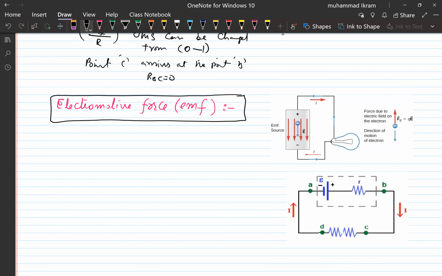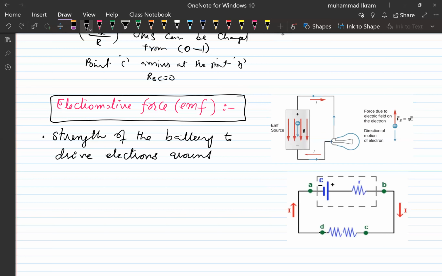So electromotive force is in fact the source, or we can say it is the strength of the battery to drive electrons around the circuit. That is the strength of the battery to drive the electrons around what? Around the circuit.